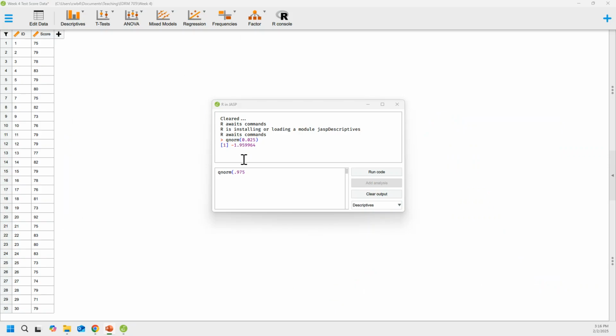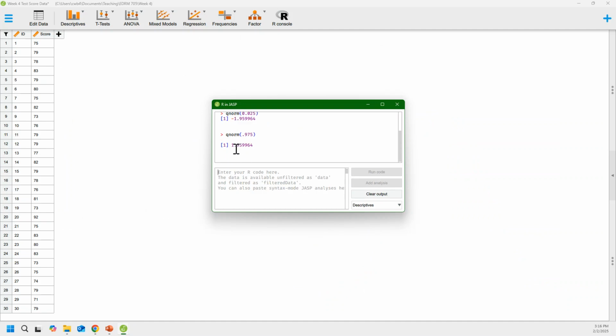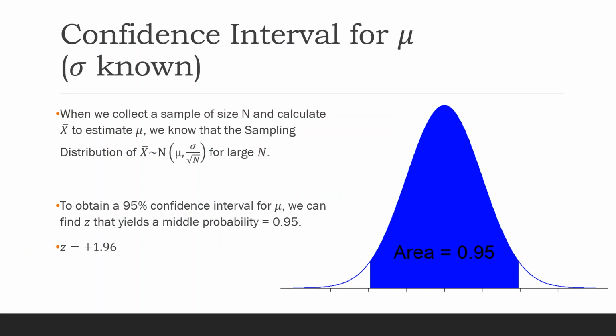And so what I'll see when my mean is 0 and my standard deviation is 1, if I run that code, I'm going to get approximately positive 1.96, right? So I know that the z that produces the middle 0.95 probability is plus or minus 1.96.